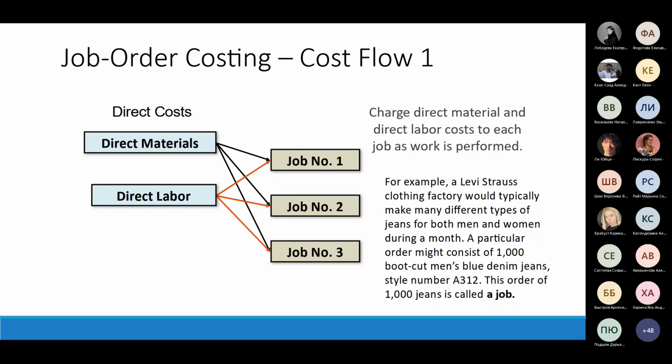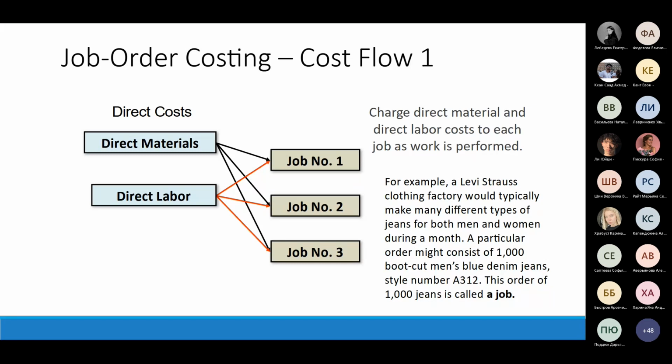And if we produce 3 types of jeans, we use 3 jobs, and we split direct materials and direct labor between those 3 jobs, for example. So we can calculate how much fabric we need to produce the men's blue denim jeans or women's jeans and so on.